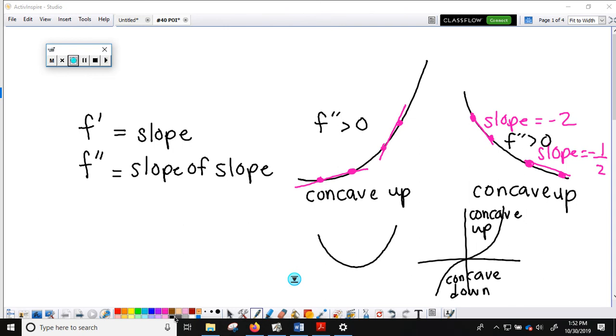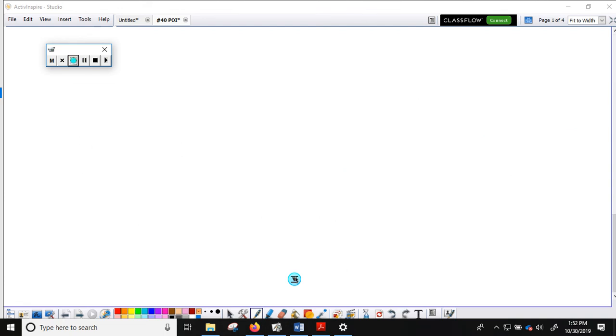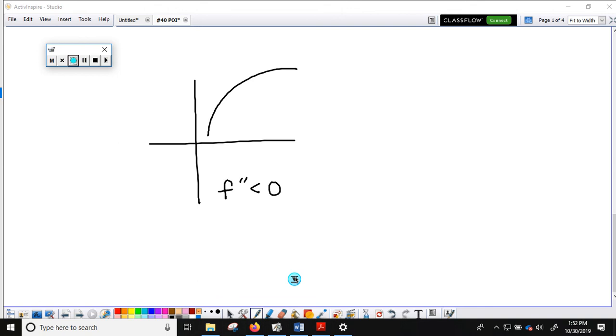So if a graph that's concave up has a slope that's increasing, a graph that's concave down would have a slope that's decreasing. So this curve is concave down, its slope is decreasing. F double prime is less than 0, that tells us our graph is concave down.